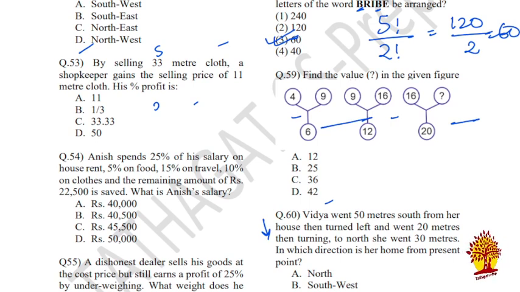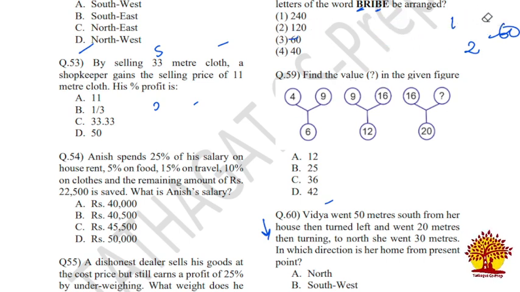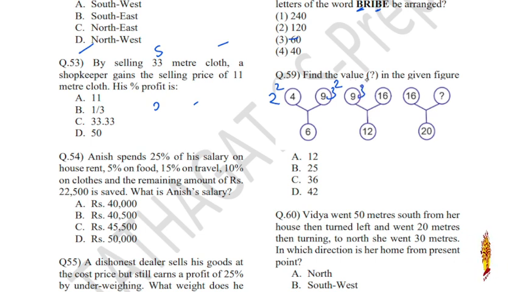Next, find the value of question mark in the following figure. Here, what they have given? 4, 9, 6 in the first diagram. Next, 9, 16 and 12 in the second, and 16, question mark and 20. Here, you can write it as 2 square, 3 square, 3 square, 4 square, 4 square and 5 square.